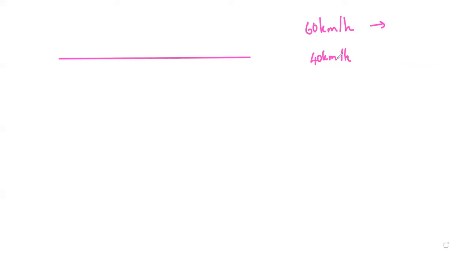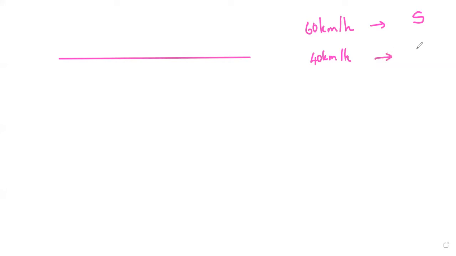So here comes the question. In the previous question, we took a variable called T naught to denote the total time taken for that traveling period. Here we actually use S instead of T, because we are going to deal with distance, not time.